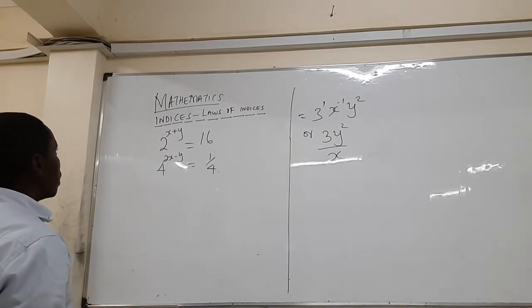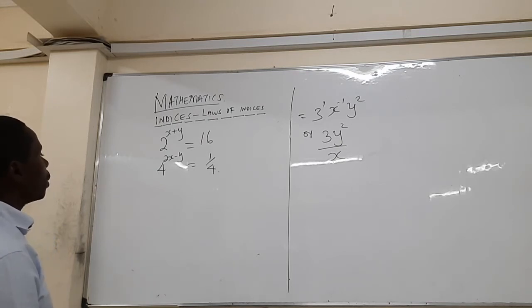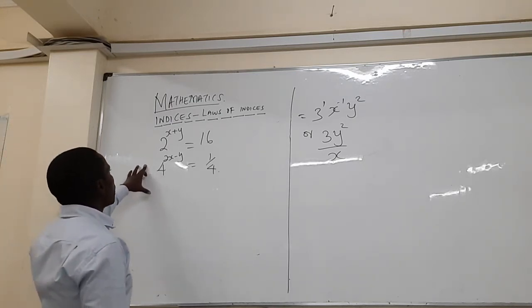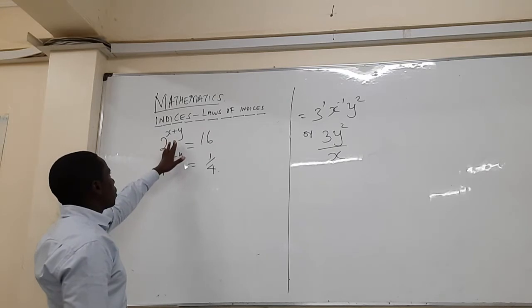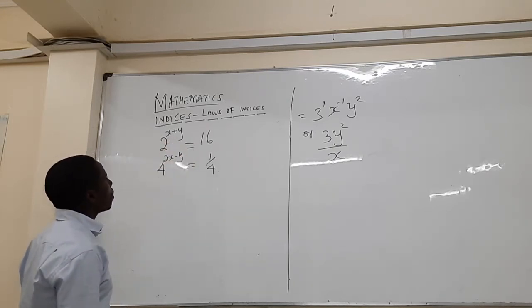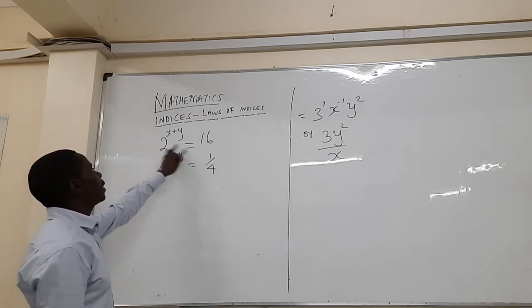This is a simultaneous equation, and we're going to solve the same. Of course, we're going to apply the laws of indices. So in our first equation here, we have 2 power x plus y is equals to 16, and for us to apply the laws of indices, we need to have the bases being the same.